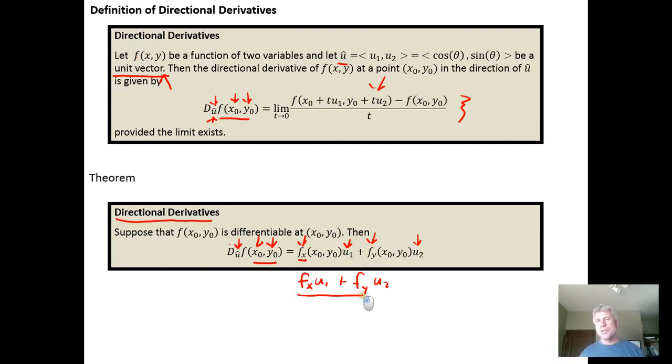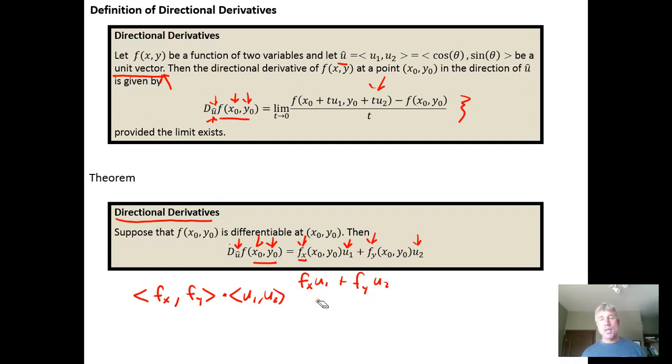The other thing to notice here, and this will become important in subsequent slides, is that this is actually just the dot product. If you put f sub x and f sub y, the partial derivatives with respect to x and y, in vector form, and you dotted it with u hat, which is just u sub 1, u sub 2, this is exactly what you would get by taking that dot product, and we'll play off this a little bit later on.